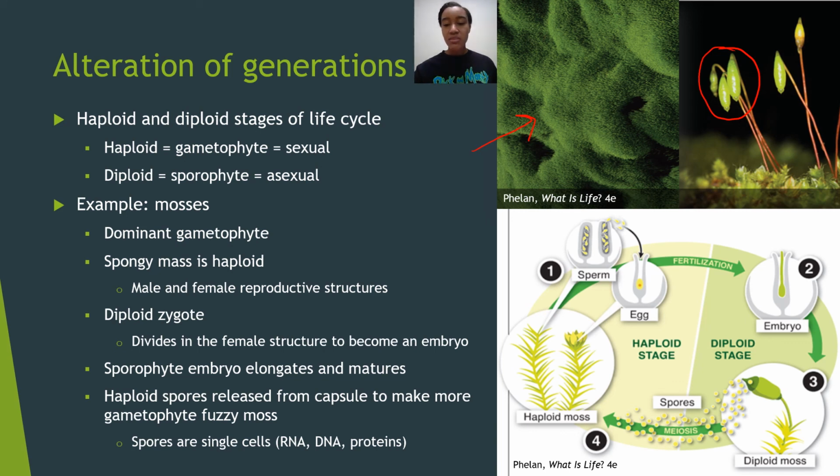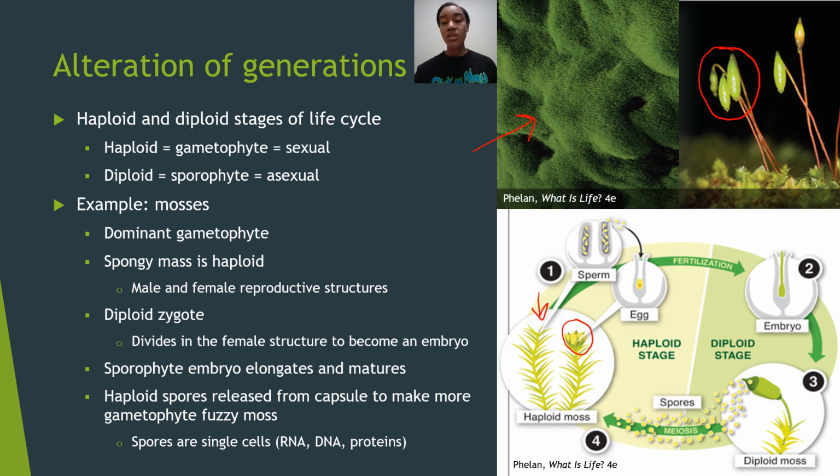If you're looking at the moss up close, your male structure looks like this, and your female structure looks like this. And they're spread out throughout the moss. When it rains or when water from a lake or body of water goes over the moss, it will carry the sperm from the male structures to the egg in the female structures to allow for fertilization.